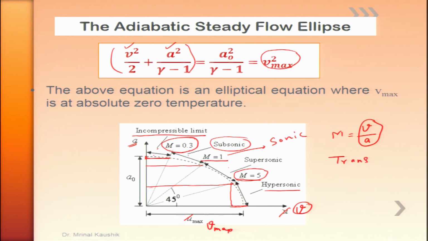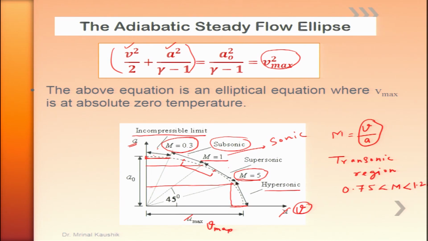Transonic flow is approximately from Mach number 0.75 to something lesser than 1.2. If it starts somewhere here and goes up to here, this domain is termed the transonic flow region.